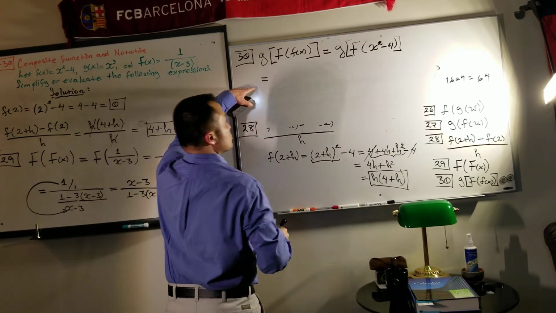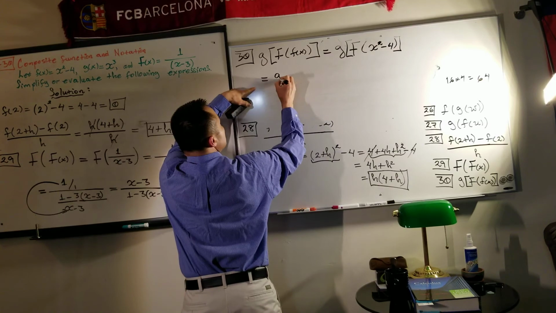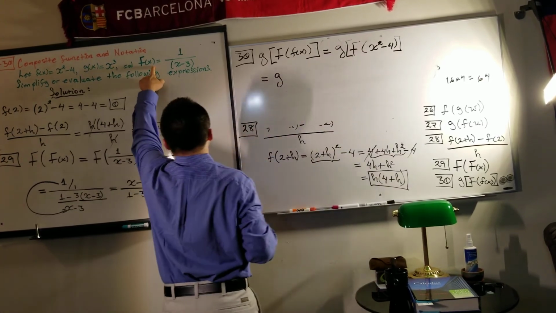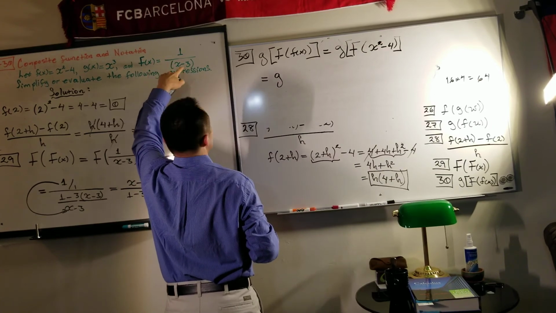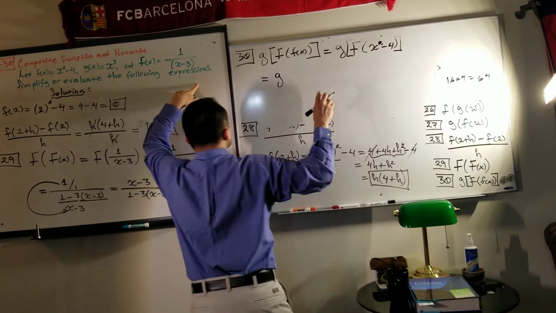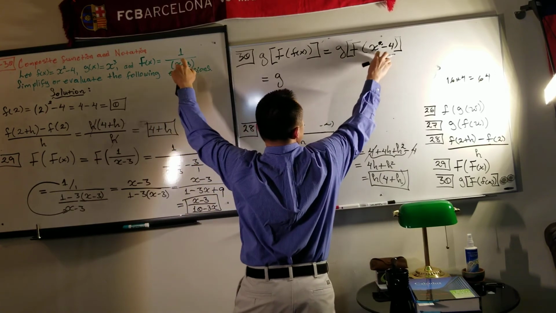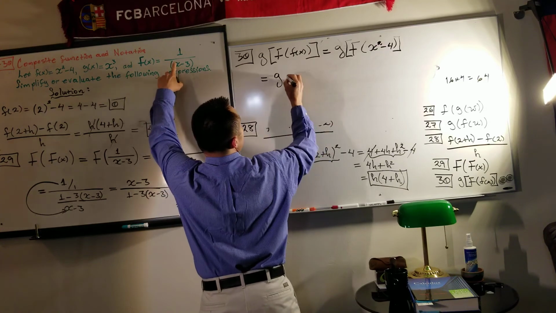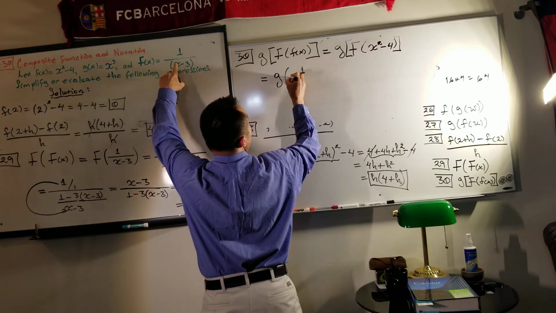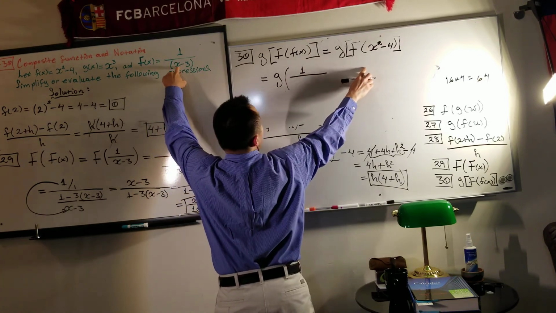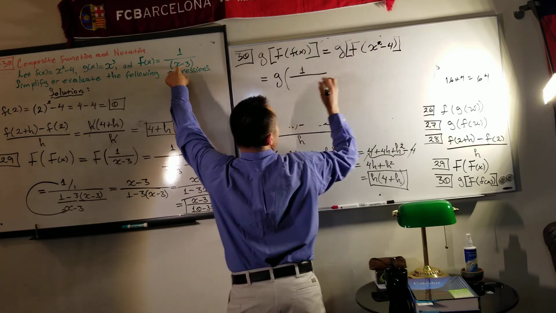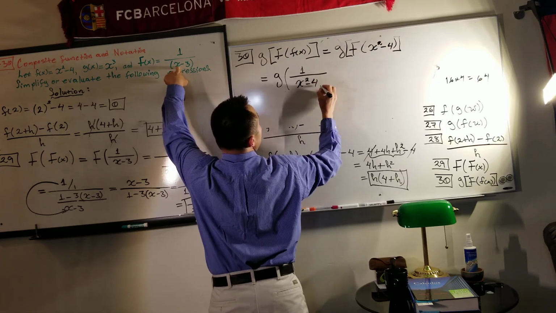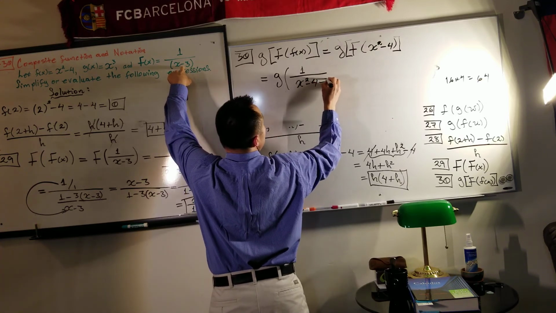This is going to be equal to g of, now, capital F function is equal to 1 over x minus 3. So we're going to substitute x for the value of x squared minus 4. So this is going to be equal to 1 over x, that in this case is x squared minus 4, minus 3.